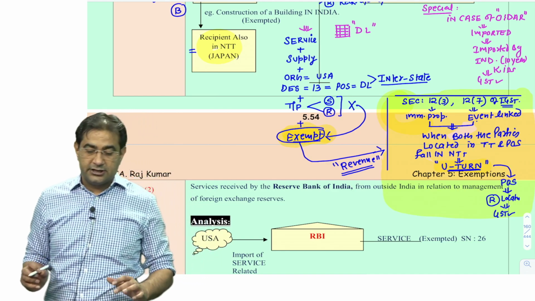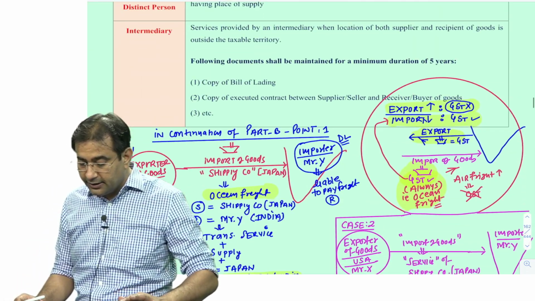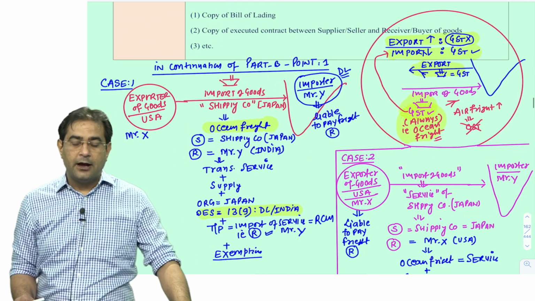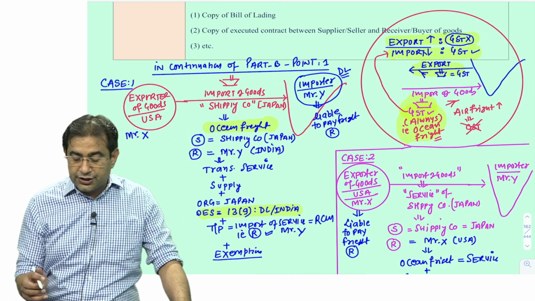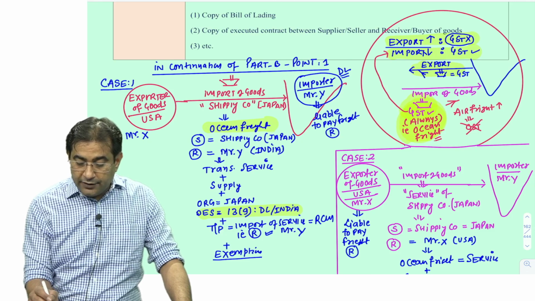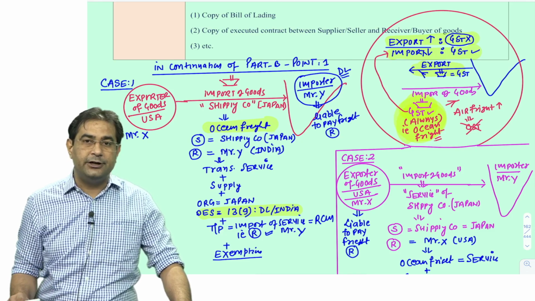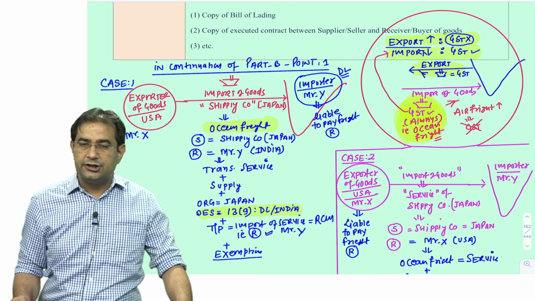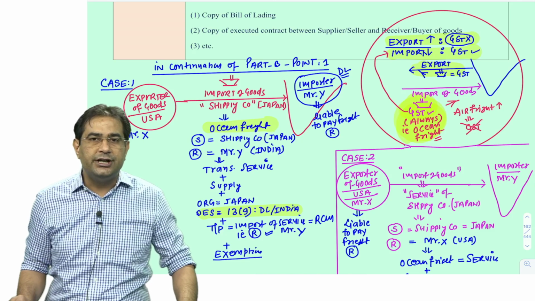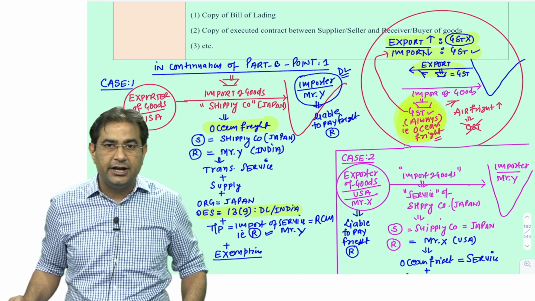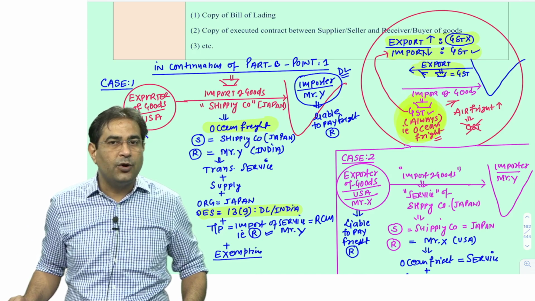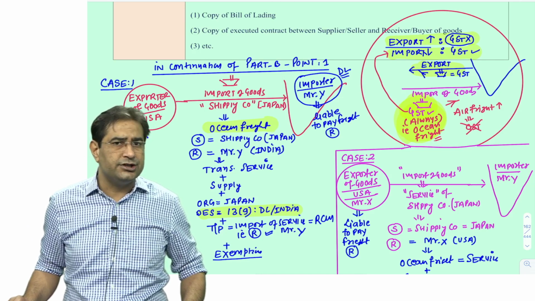But the provision is this: one of the government's other targets is not satisfied. The government's target was that ocean freight should always be liable to GST to achieve its prime objective, to decrease the import of goods in India by making it more expensive by imposing GST thereon.